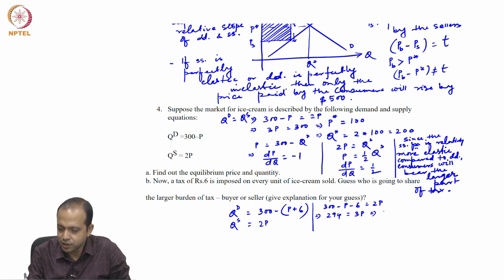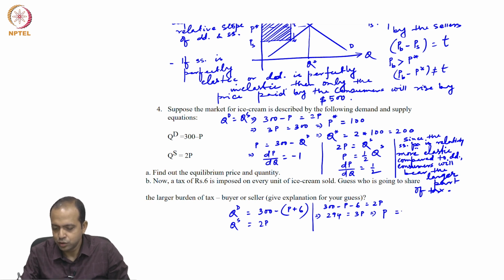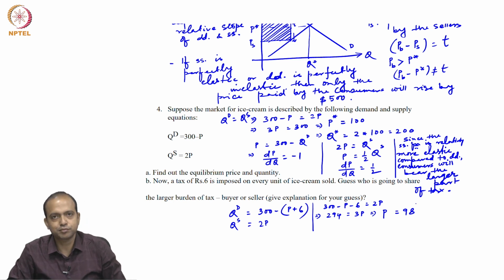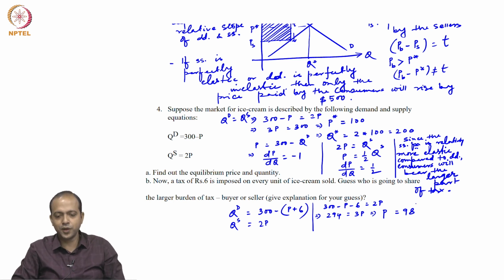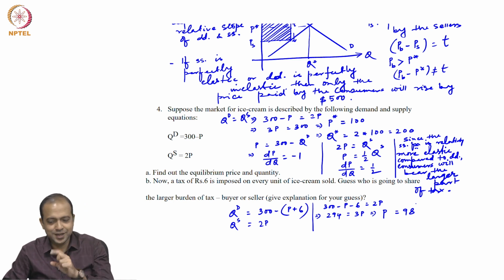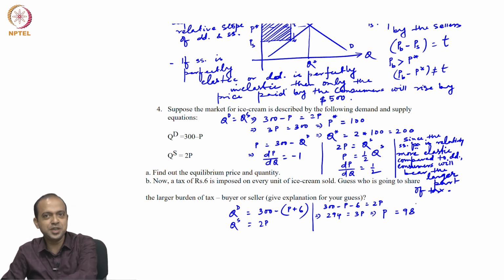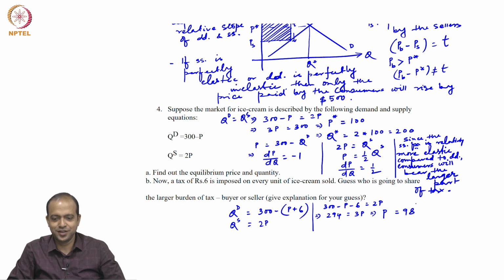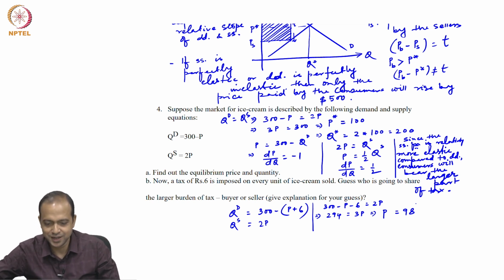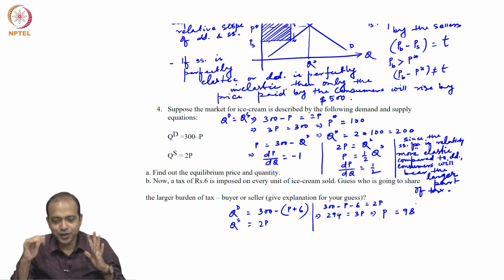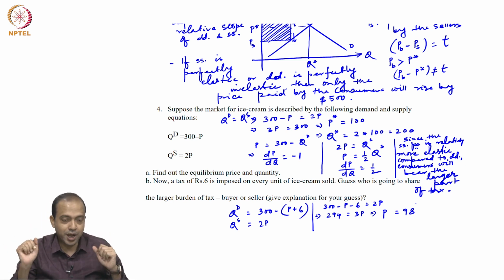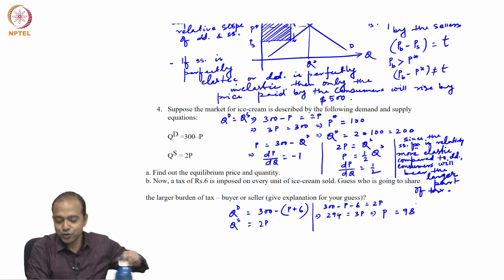This implies P equals 98. Okay, P is now 98. So, we need to now understand, is this P the PB or PS? There is a trick to understand. We should not get confused, because here we are unable to understand after solving this.